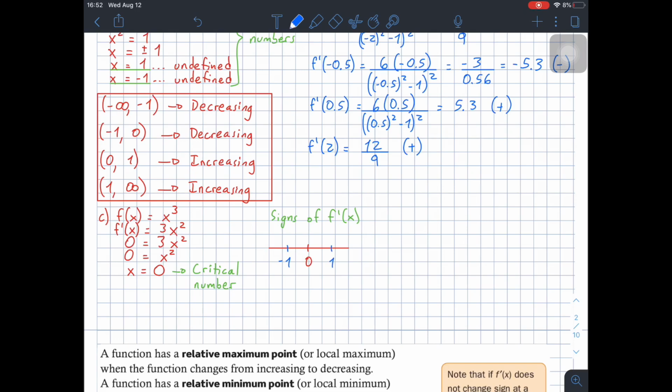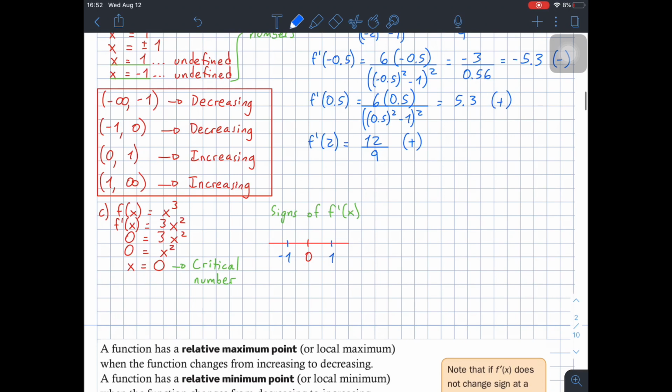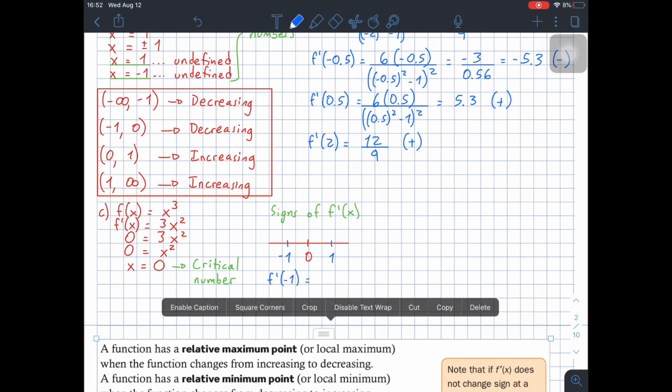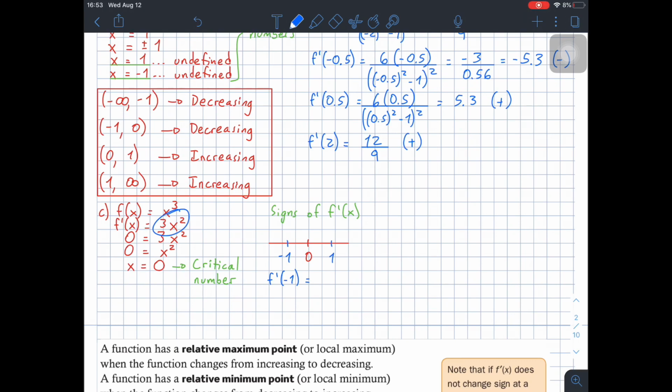You can pick any value here. So if I evaluate f prime of -1, f prime is this function over here, so we're going to get 3 times -1 squared, and this is positive 3. So it has a positive sign. And if I do the same thing for 1, f prime of 1, we're going to get 3 times 1 squared, which is also positive 3.